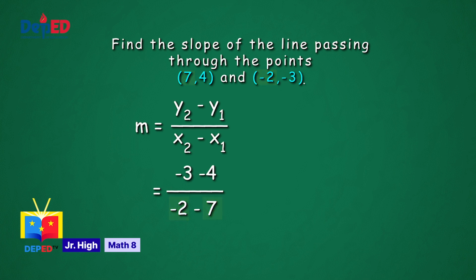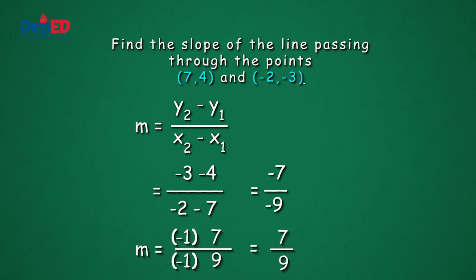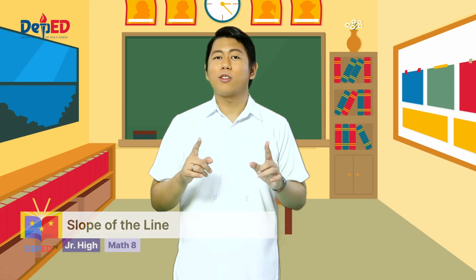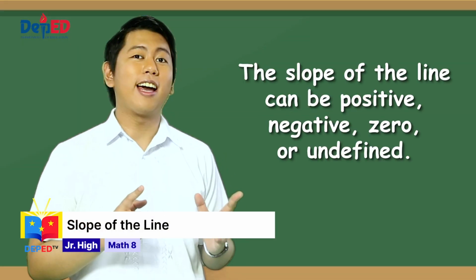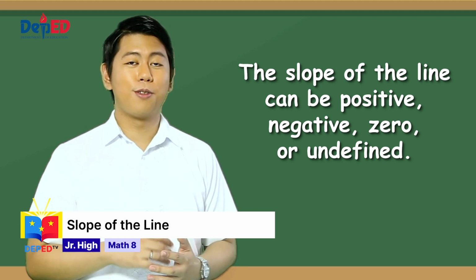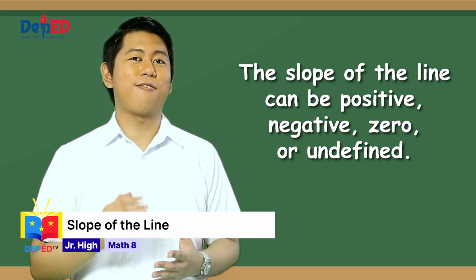After performing the operations in the numerator and the denominator, our slope is equal to negative 7 over negative 9. Or simply, 7 over 9 by dividing negative 1 on both numerator and denominator. Note that the slope of the line can be positive, negative, 0, or even undefined.